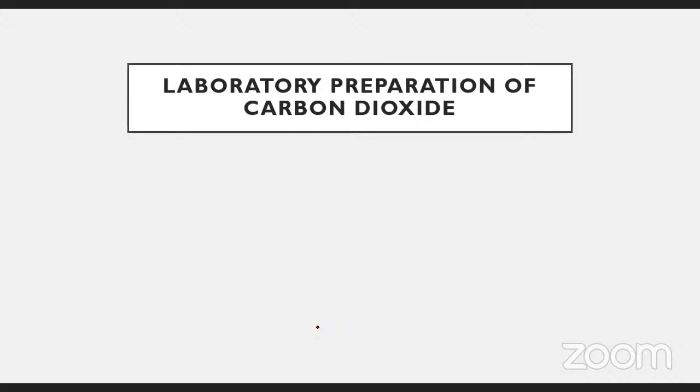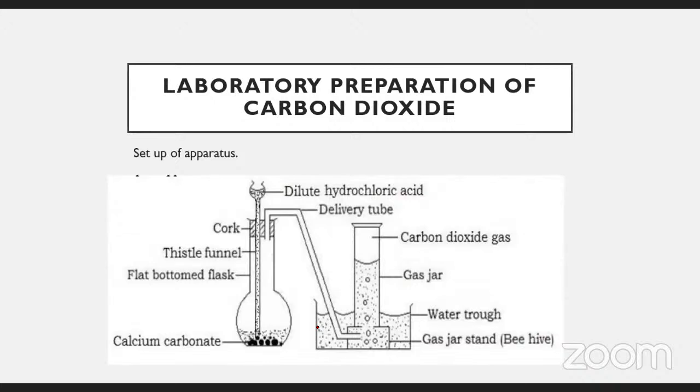Look at preparation. So we have the diagram for preparation. This is what we call laboratory preparation. It's what we can do in the lab. We shall need dilute hydrochloric acid. The acid must be dilute. There is sulfuric acid, hydrochloric acid.